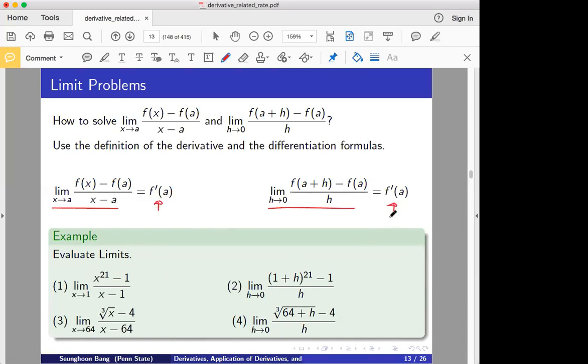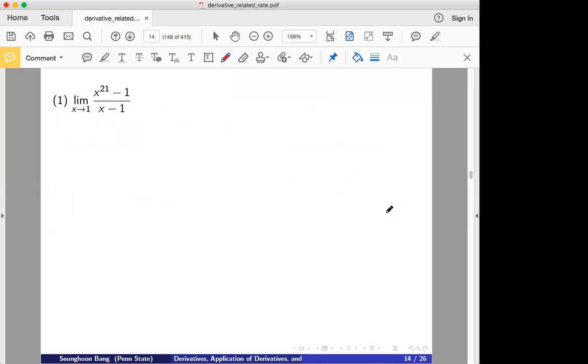I can show some problems here. You can compare with the limit of f of x minus f of a over x minus a equals f prime of a. So like this. Step 1: find a first. What is a?